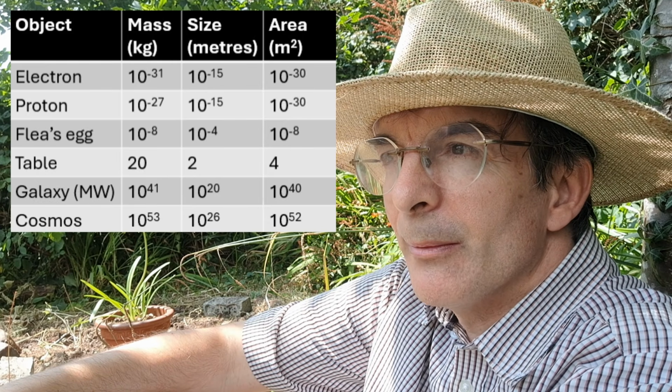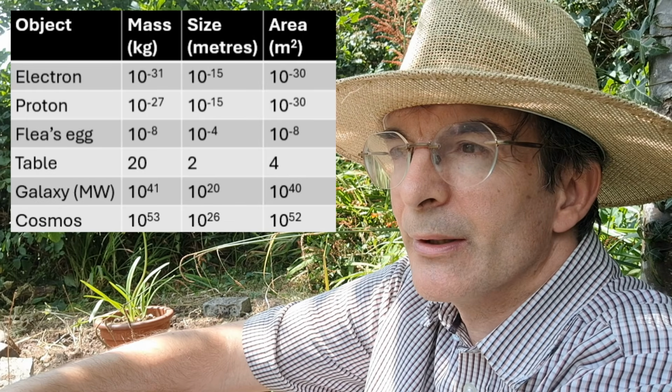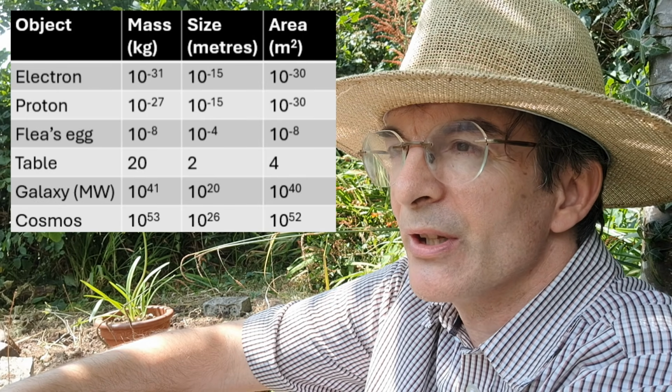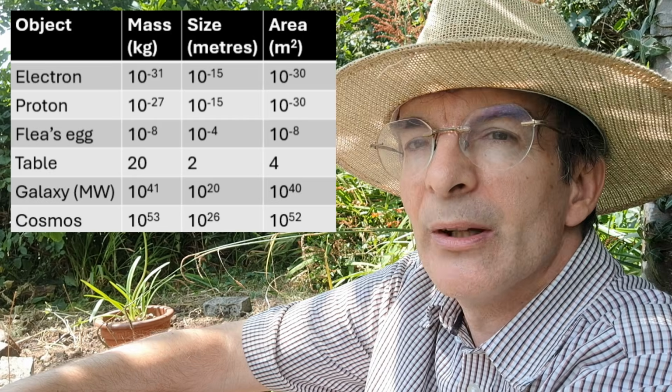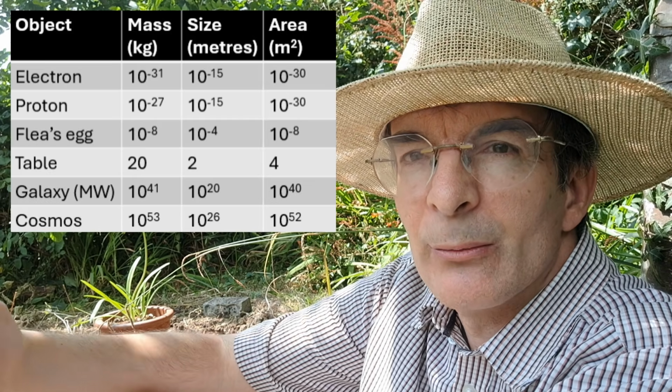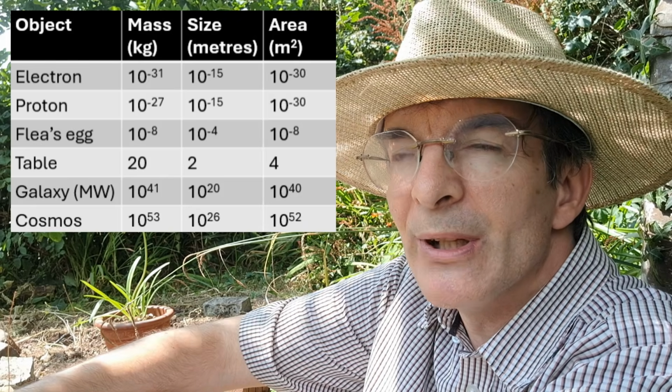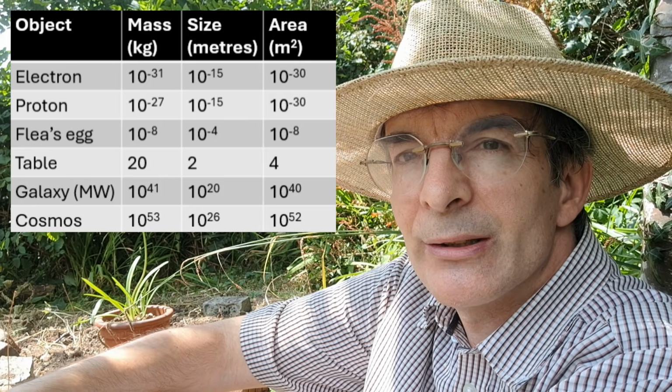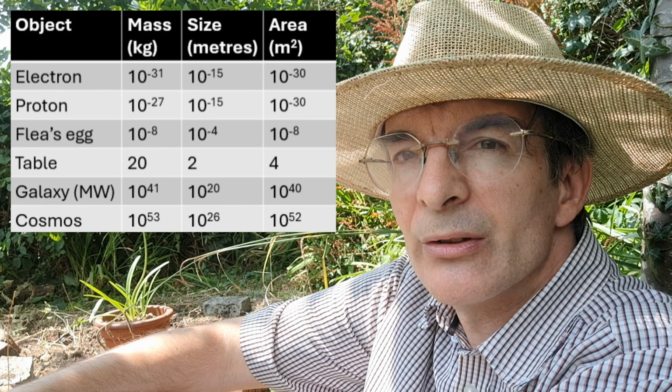Now this may come as a shock because we're used to thinking of mass being determined by the volume, as it should be. I mean, you count the atoms, and the more atoms you have, the heavier it should be. But in these cases, it's not true.